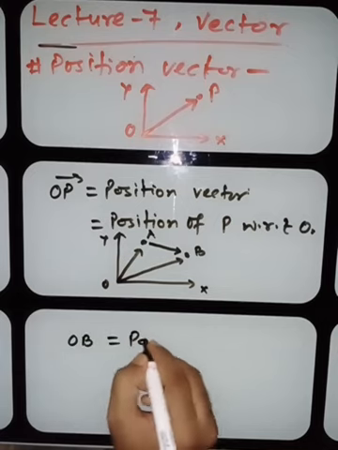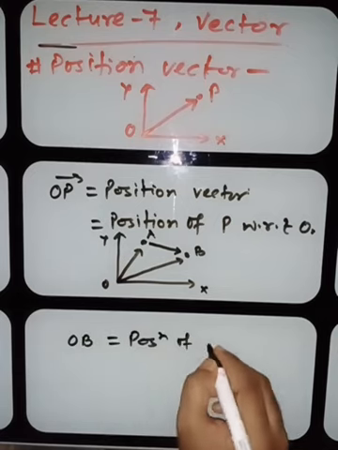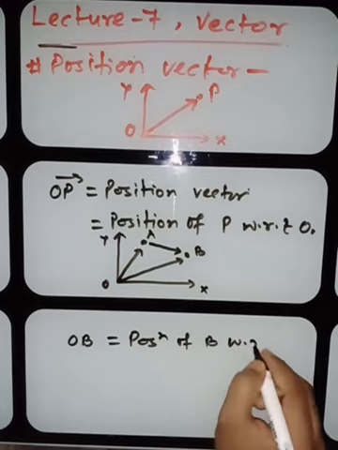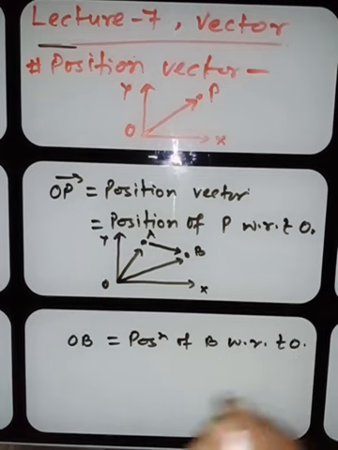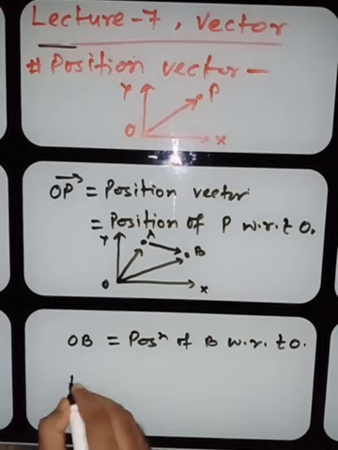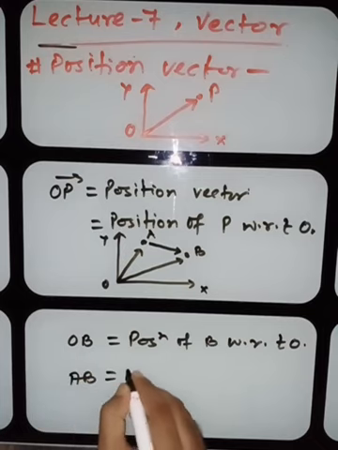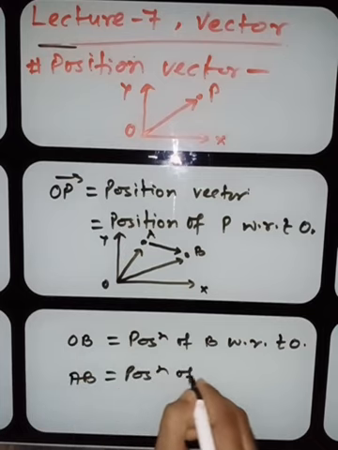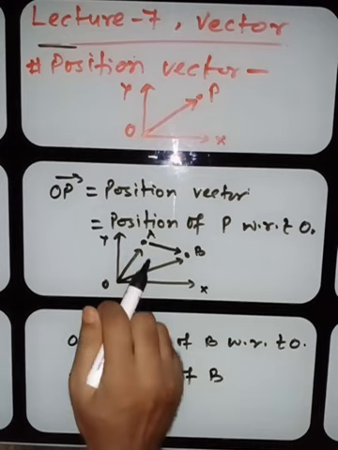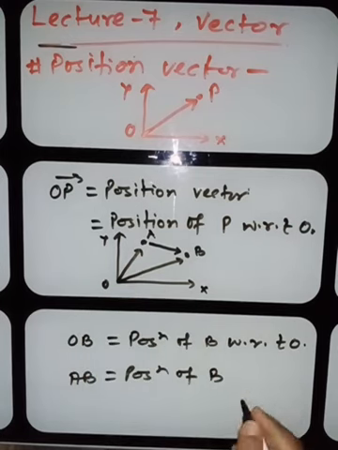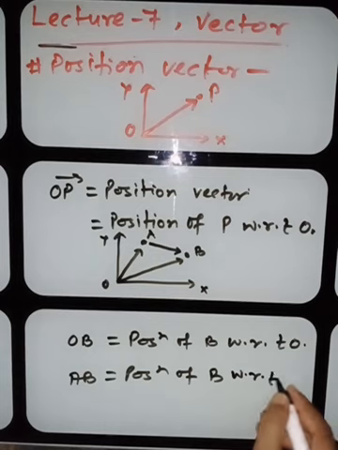This is the position of B with respect to O. And what about AB? You can see this is representing the position of B, but with respect to which one? With respect to A. So this is considered a position vector.